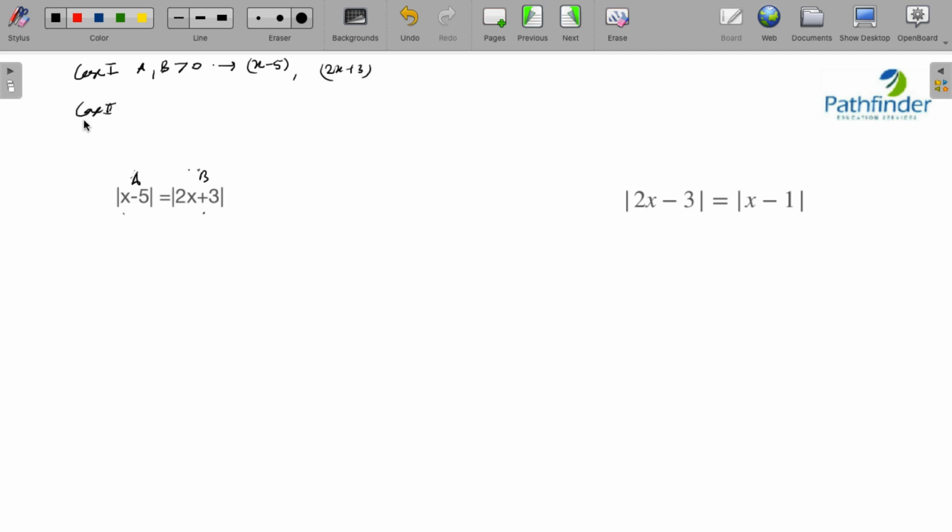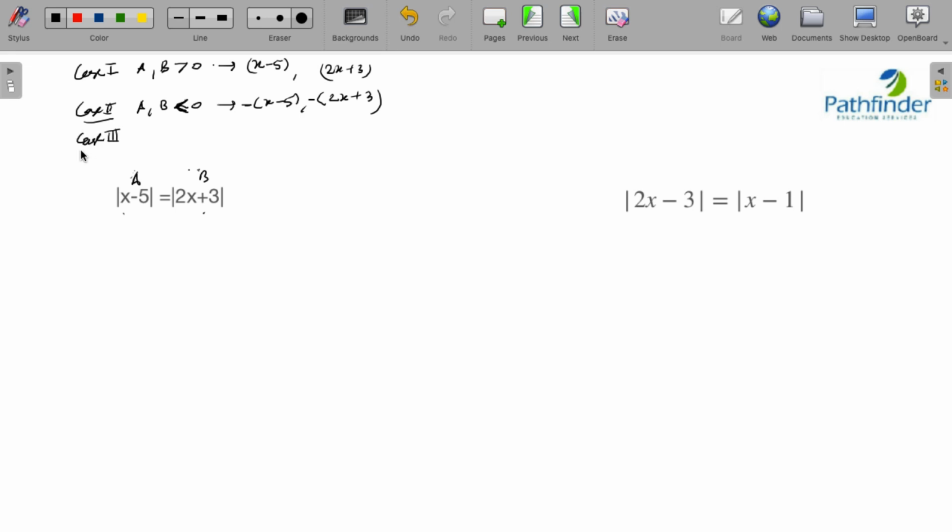Case 2. Both a and b are less than 0, in which case I will open this bracket as minus x minus 5 and this bracket as minus 2x plus 3. Correct? Now this is very important for you to understand.